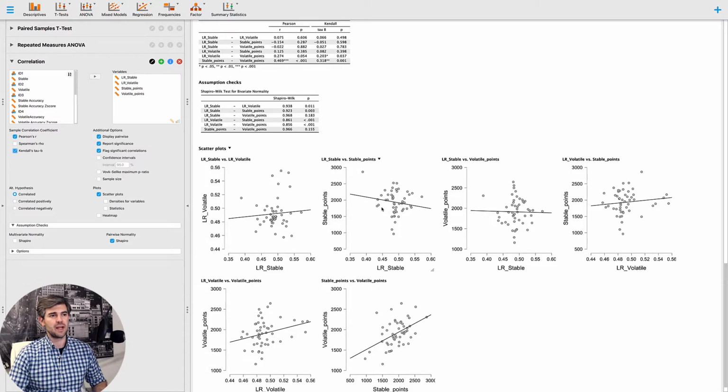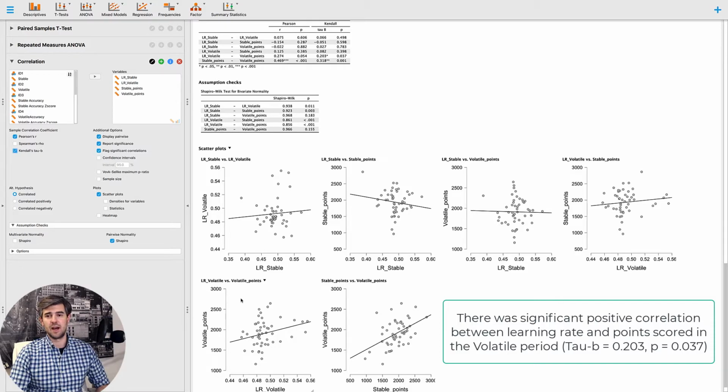So people with a lower learning rate in the stable condition scored more points, which matches what we've spoken about learning in stable and volatile conditions. So this does provide some support to this idea that you want high learning rates in volatile periods, but low learning rates in stable periods. And we can see that based on the amount of points people accrued. But only this is significant, and we would report that by including the R value and the P value at this point.